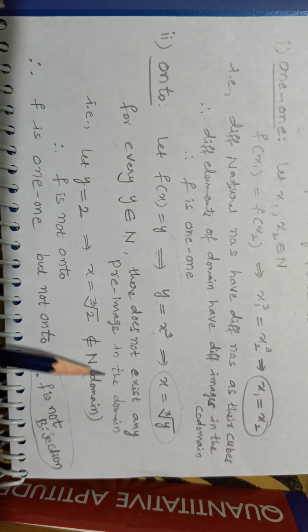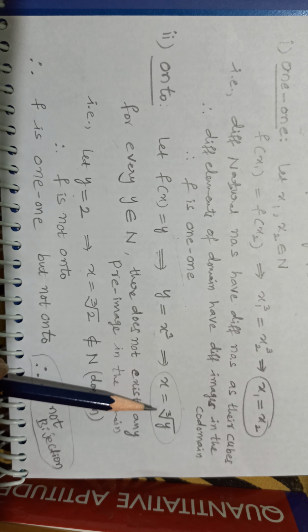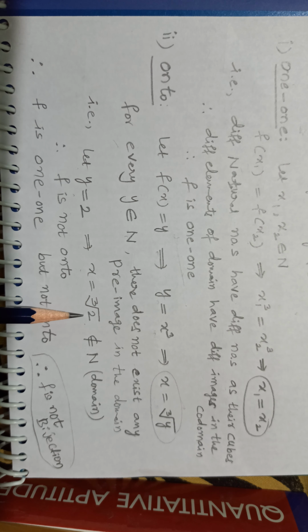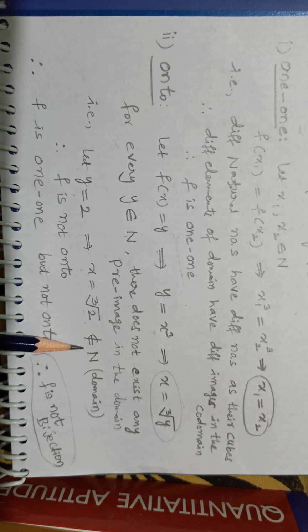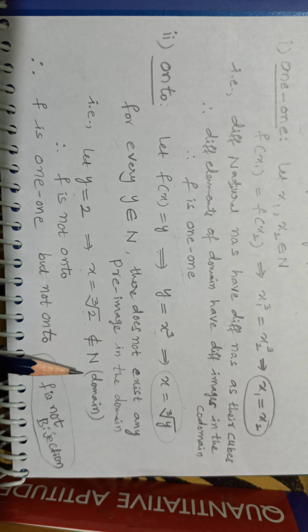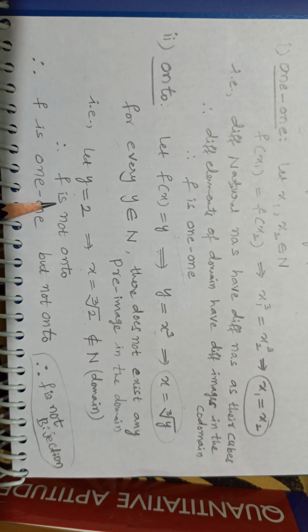If you substitute y equal to 2 there, what about the x value? Cube root of 2, which is a decimal only. Do you have any decimal values in the natural number set, the domain? No. So cube root of 2 does not belong to N, the domain. Clear? So therefore f is not onto.